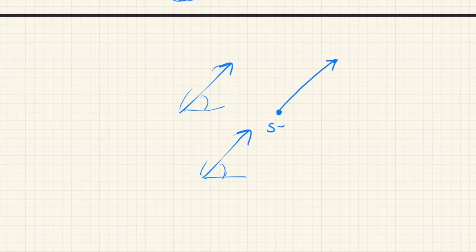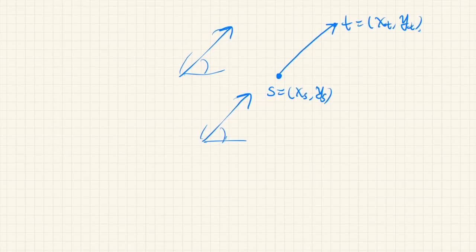Let's say the source has the coordinates xs and ys, and the target has the coordinates xt and yt. So an arrow is made of 2 points, each of which is made of 2 real numbers.